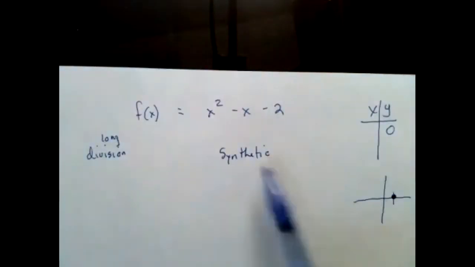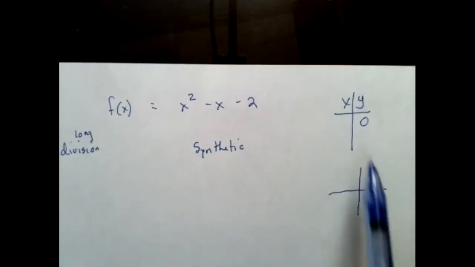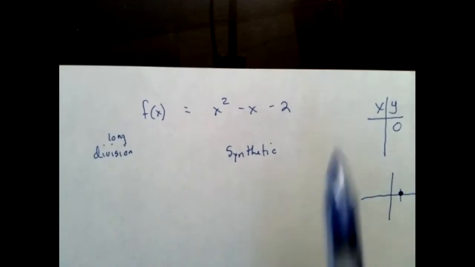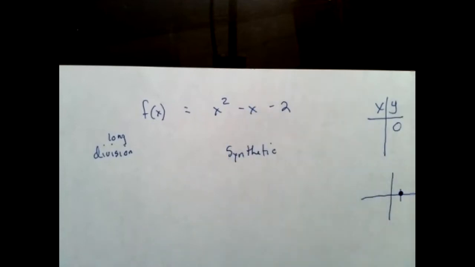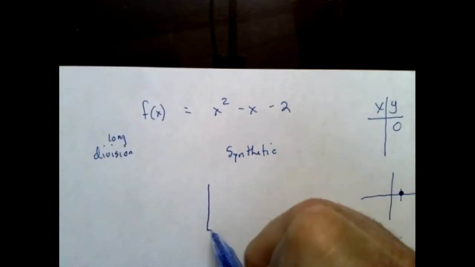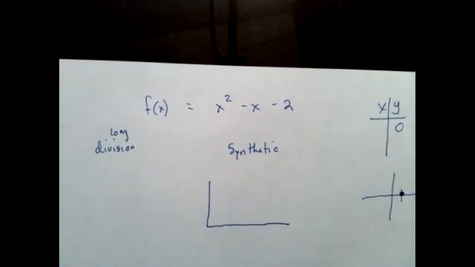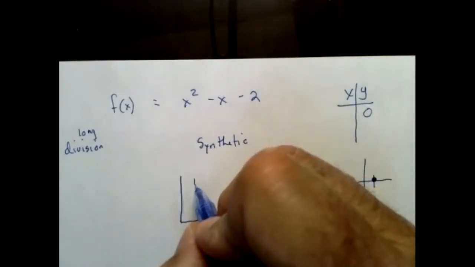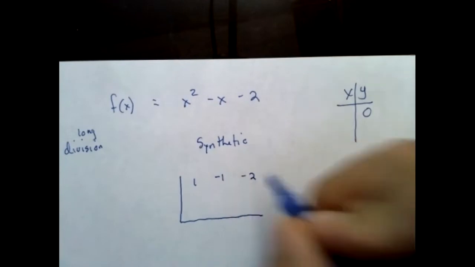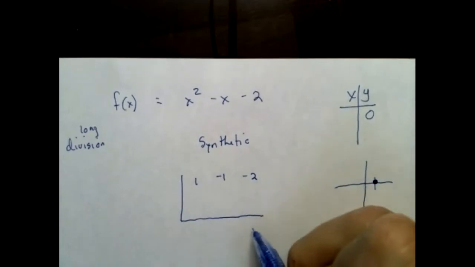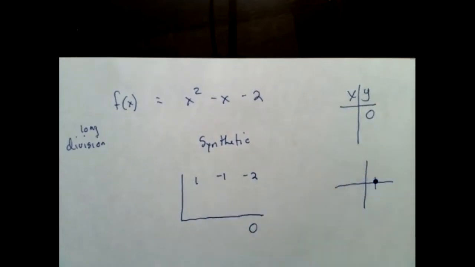If I could find something that had a remainder of 0, pow, that's my zero. Synthetic division works pretty quick, and it was a matter of going 1, -1, -2. Now I'd like to find a number to put in here so that it ends up being 0.